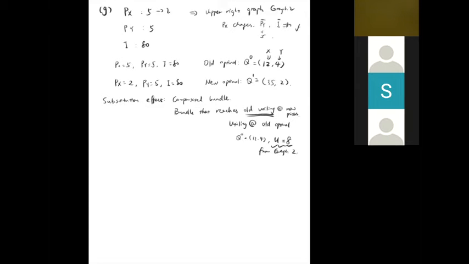And then to find the compensated bundle, let's call it QC, we need to find a bundle that reaches U equals 8 with Px equals 2 and Py equals 5. It needs to meet such requirements.